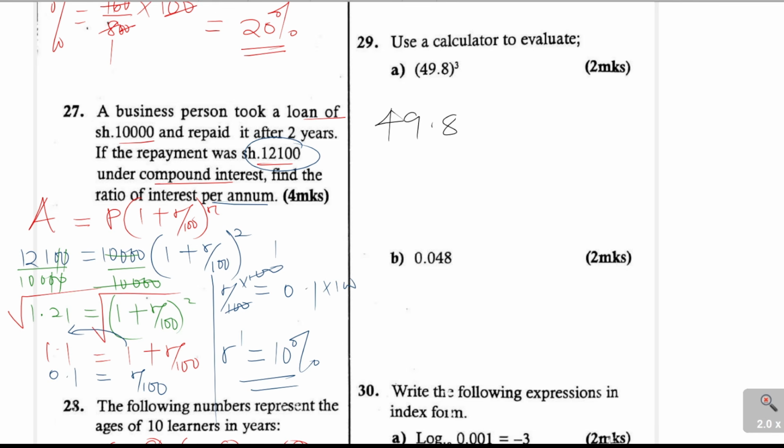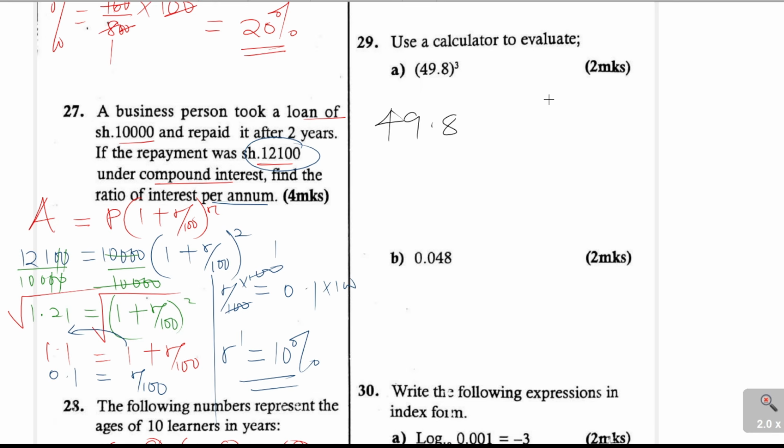When you check the model of your calculator, I'm using this model, FX82MS. For that one, there's a button where you find x cubed. So you simply press that. Feed in 49.8, and then you press that button that is written x raised to power 3.